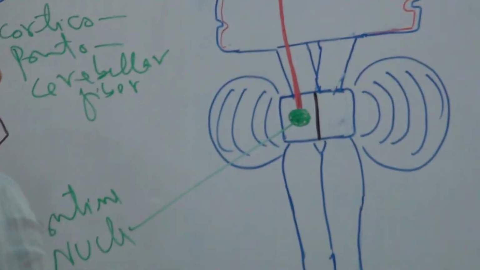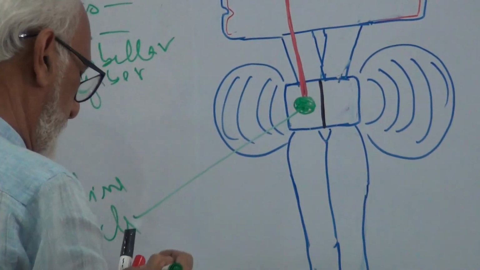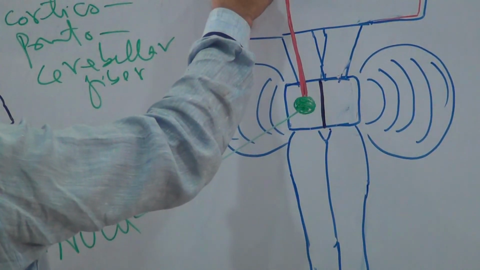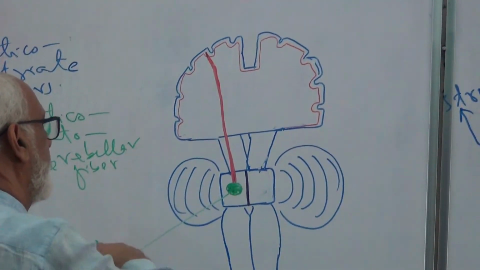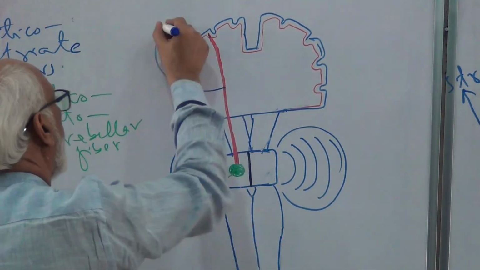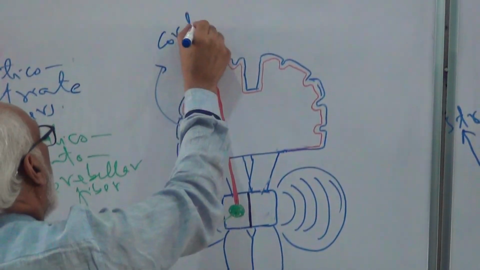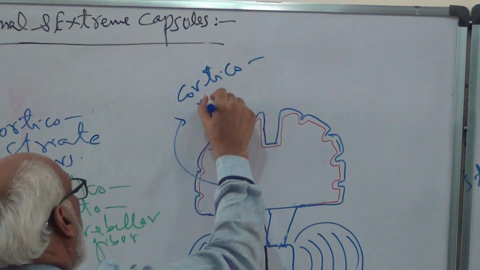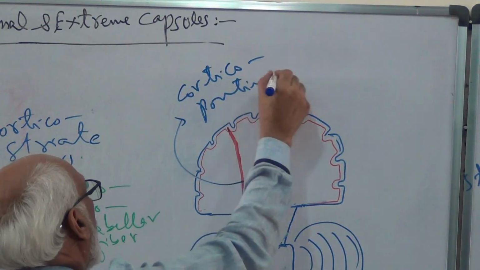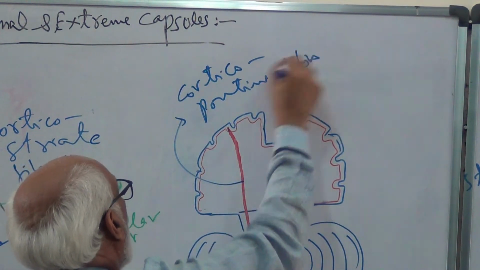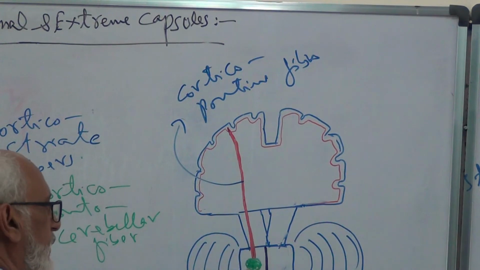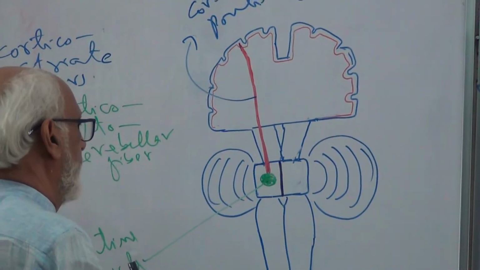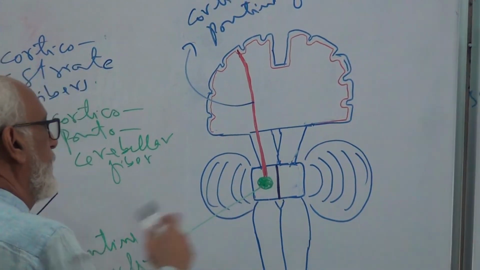I've drawn one nucleus, a large U. So these fibers arising from the cortex to the pons are known as cortico-pontine fibers, and they terminate on the pontine nuclei on the right side.